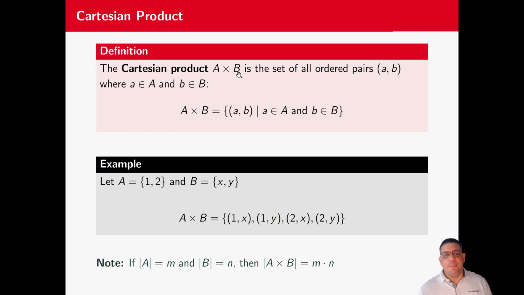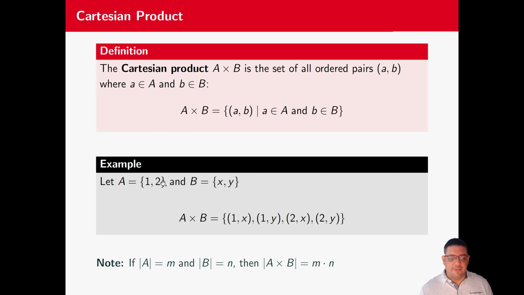Now, for Cartesian products, what we have is the sets A and B, and we're going to take all the ordered pairs (a, b), where a belongs to A and b belongs to B. Okay, and that's going to give me the set A times B of those ordered pairs. As an example, let's consider the sets {1, 2} and {x, y}. This is the set A, this is the set B. So A times B is going to be the combination 1x, 1y, that covers everything with ones.